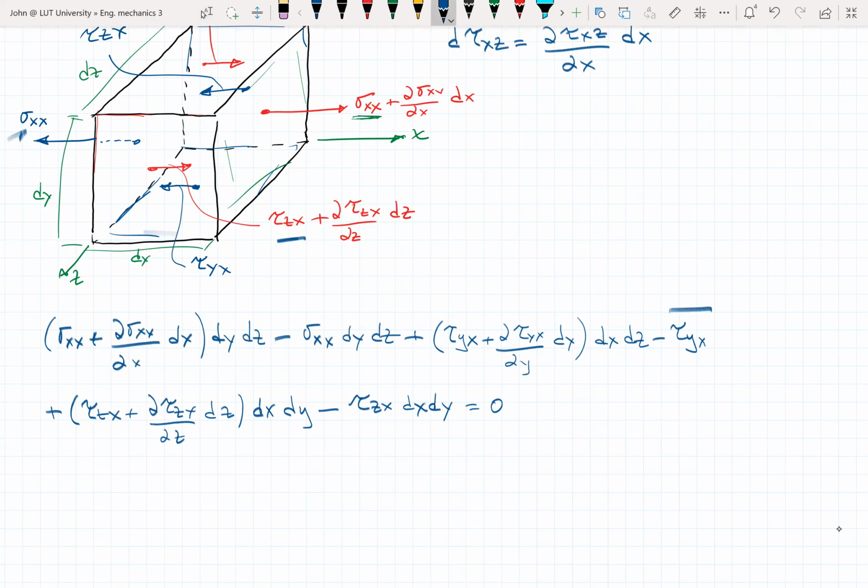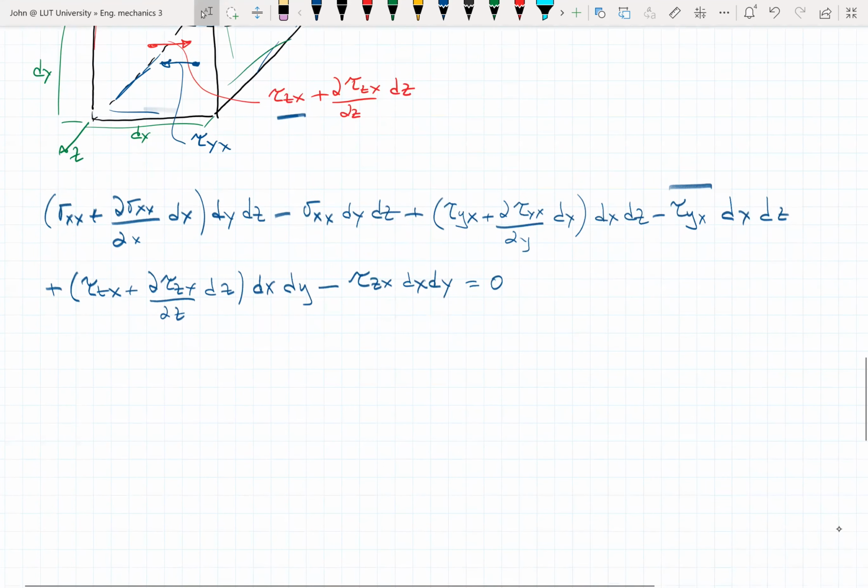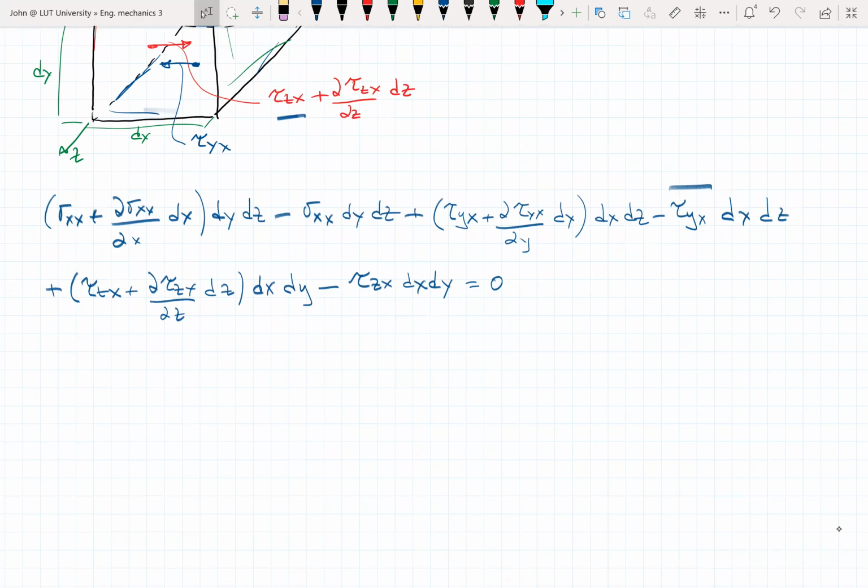That area is the bottom face of the cube, and the area of that bottom face is dx times dz. All right. Now I am ready to start simplifying this long equation. First, I will extract everything from the parentheses. Basically, these three terms, and let's see how it looks.